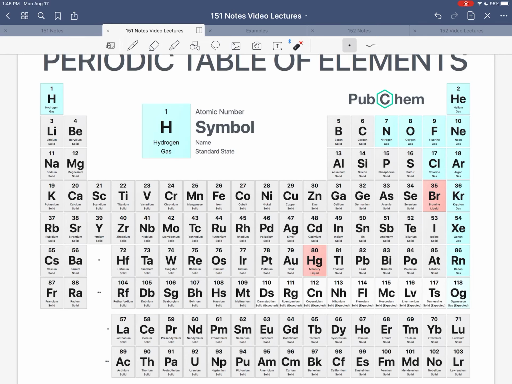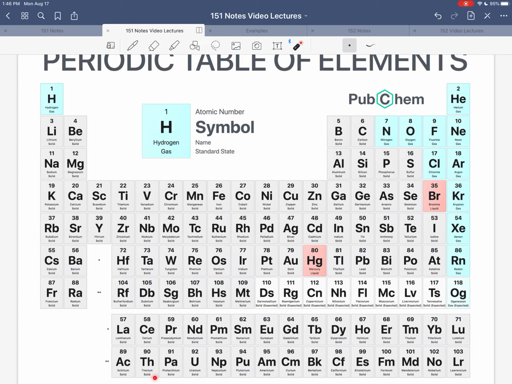Now down here, you got lanthanum that starts the lanthanide series: lanthanum, cerium, praseodymium, neodymium, promethium, samarium, europium, gadolinium, terbium, dysprosium, holmium, erbium, thulium. That's one. I think it's ytterbium, but I'm not sure. I've never used it. We got lutetium.